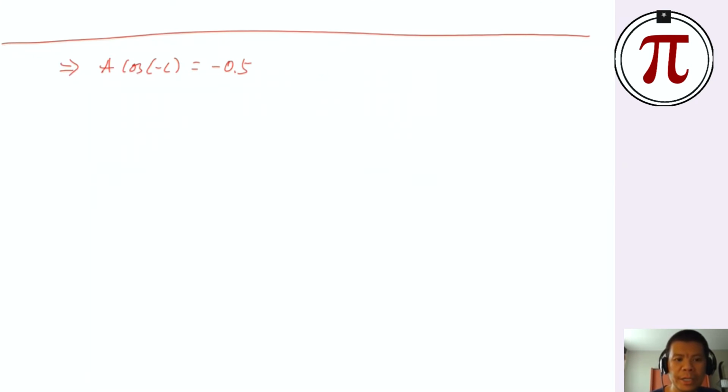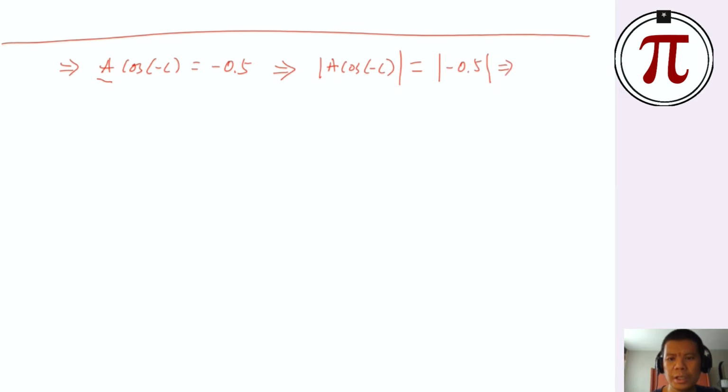If you take the absolute value on both sides, the absolute value of A cosine of negative C equals the absolute value of negative 0.5.